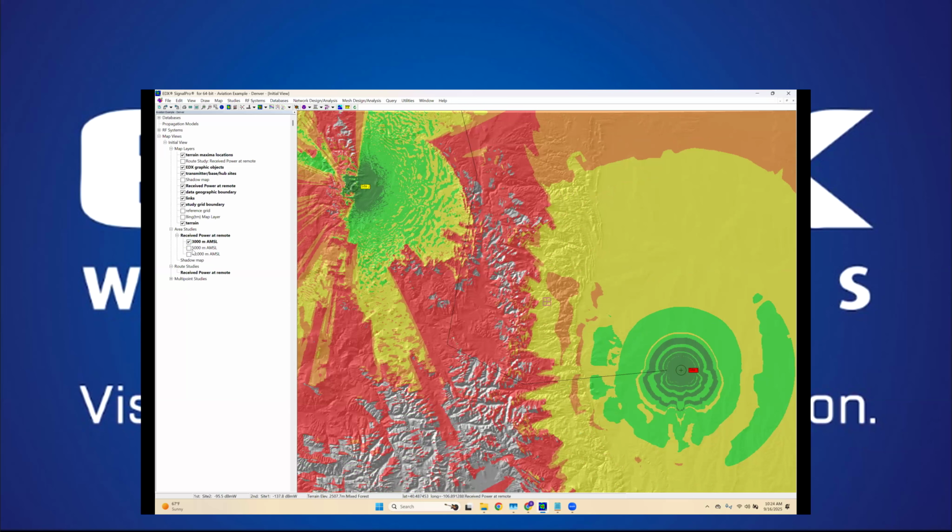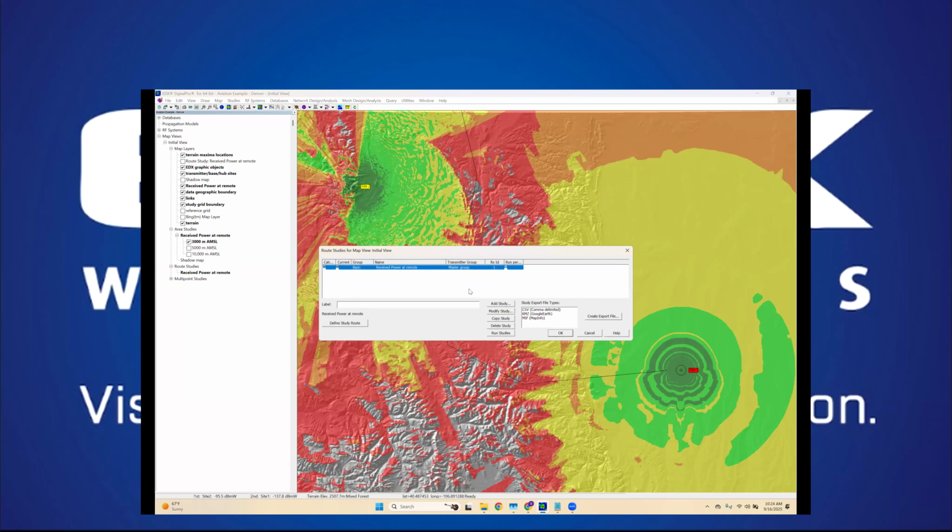But if we wanted to plan a specific flight path, whether for a drone or a test aircraft or what have you, what we can do is define any of those same study types under route studies. And in here for define study route, here's where I can point to a BNA route file.